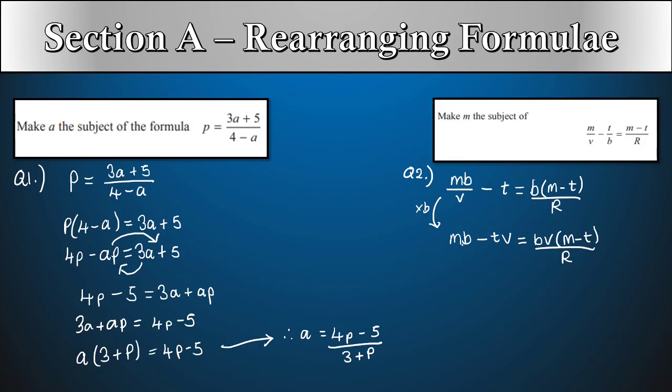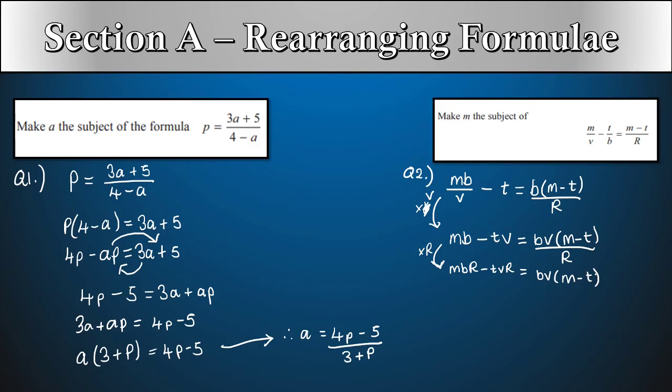So mb over v times it by v, not b. So times it by v, you get mb. I'm going to get minus tv here, and then on this side I get bv times m minus t divided by r. And then finally, let's times through by r. So what I get here is mbr minus tvr is equal to bv times m minus t.